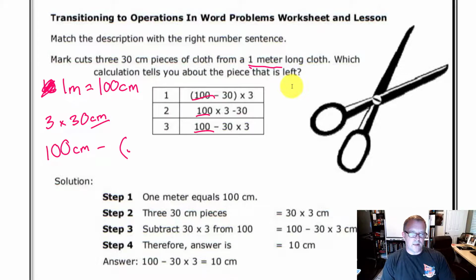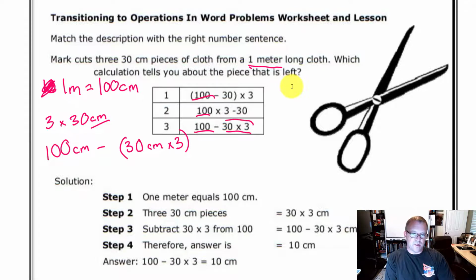And what are we going to subtract? Well, we're going to subtract 3 or 30, right? They're using commutative property there. 30 centimeters times 3. Now, even though they don't have parentheses here, does it matter in this case? No, it doesn't matter, because you would do the multiplication before you would do the subtraction if you're using the order of operations.